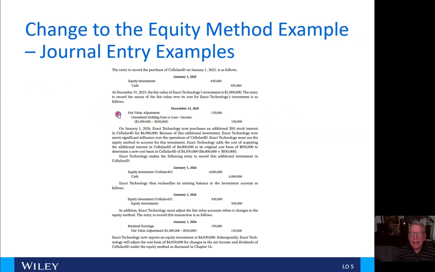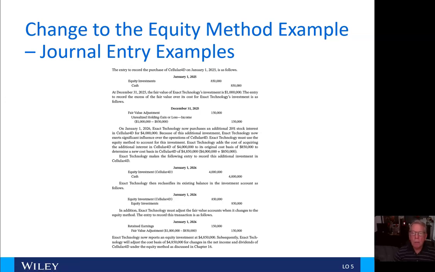We make a debit to fair value adjustment for $150,000, the difference between $850,000 and $1 million, and an unrealized holding gain of $150,000.